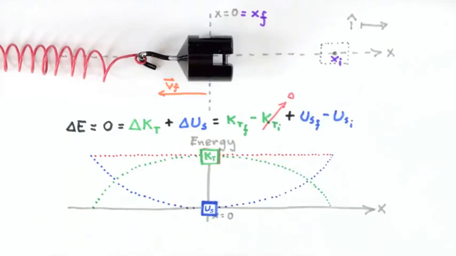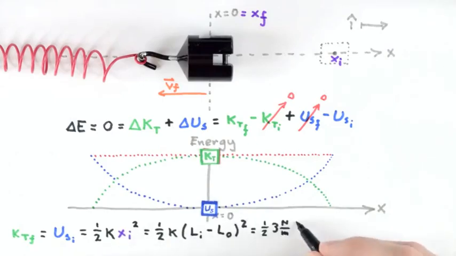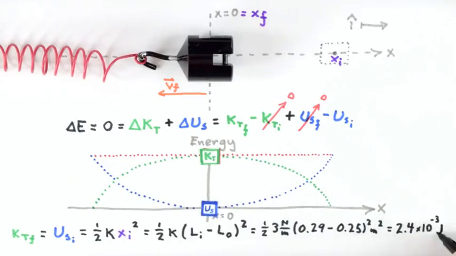The system starts at rest. And the final potential energy is 0. The spring is relaxed. So the unknown final kinetic energy is just equal to the initial spring potential energy, which is the total energy E. We are given enough information to calculate the initial spring potential energy, and so we find the final kinetic energy of the mass to be this.